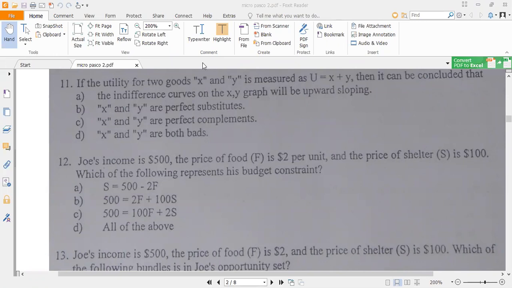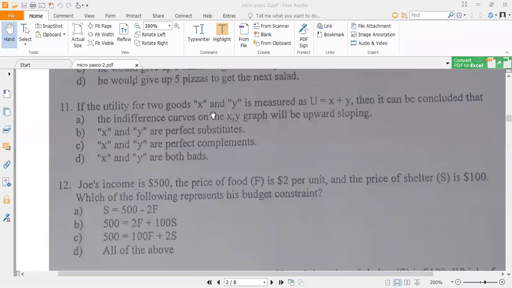All right, I think someone is saying number 11. What I'm trying to say is that the level of utility depends on consuming both goods, X and Y. Before you can get your level of utility, you need to consume the two goods.